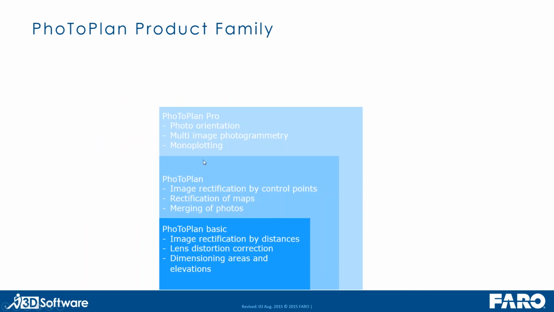So the next larger product is Photoplan Pro, which adds image orientation and photogrammetry tools. And the largest box does contain all of the smaller boxes. It's Photoplan Ultimate, and it adds tools for creation of true ortho photos, as well as true to scale image plans by unwinding various shapes into the plane.